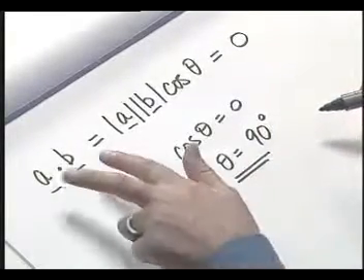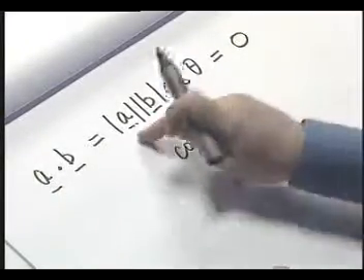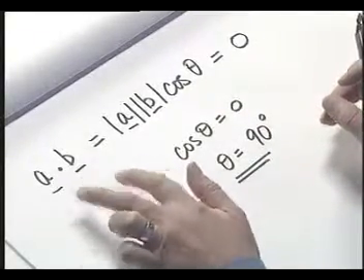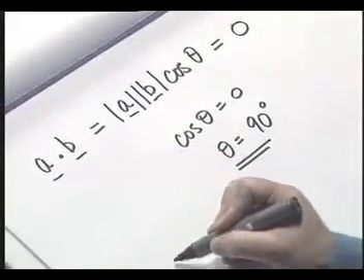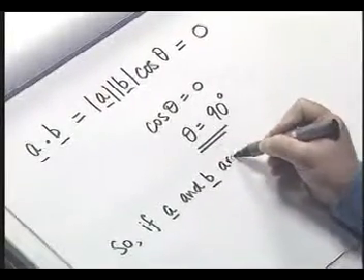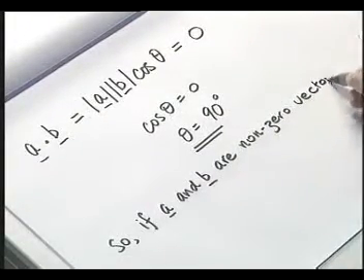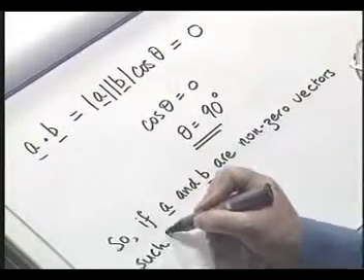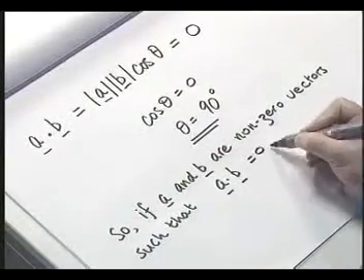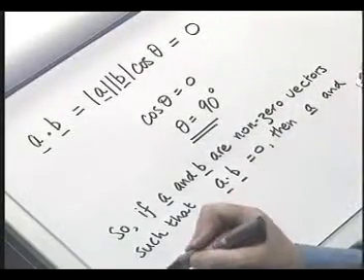In other words, if we take the dot product of two vectors and we find we get the answer 0, then provided the two vectors were non-zero vectors, we can deduce that A and B must be perpendicular vectors. So, if A and B are non-zero vectors, such that A dot B, when we work it out, turns out to be 0, then A and B are perpendicular.